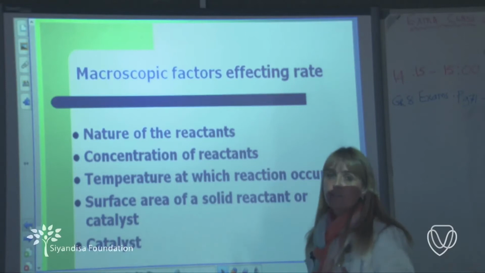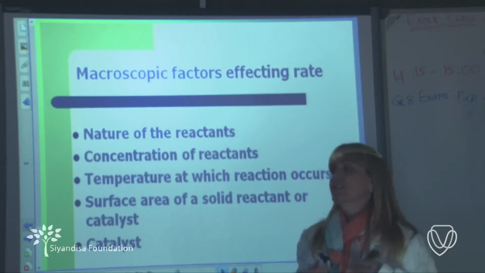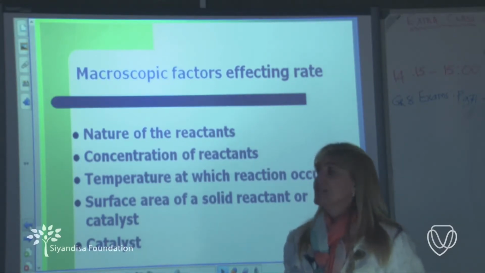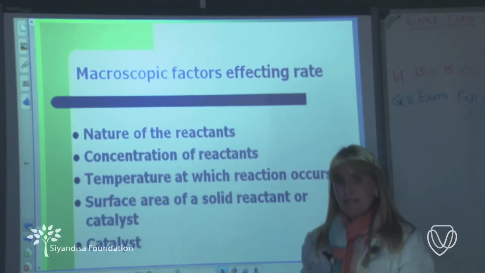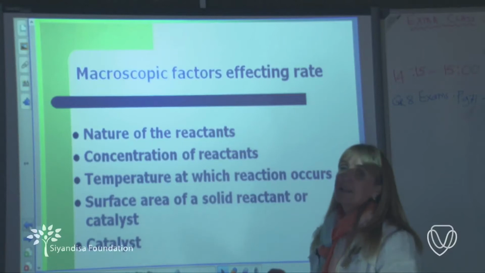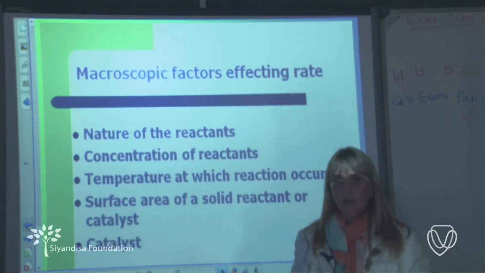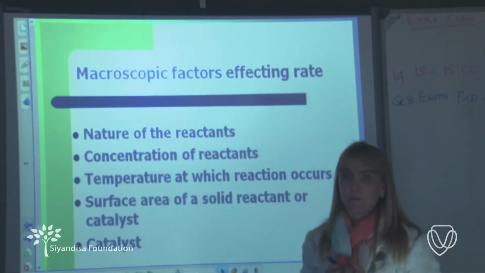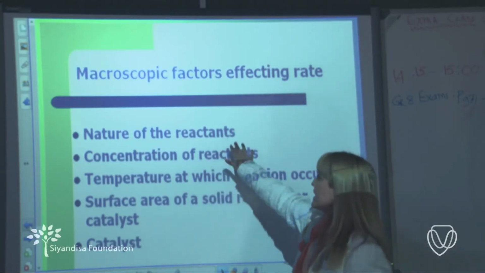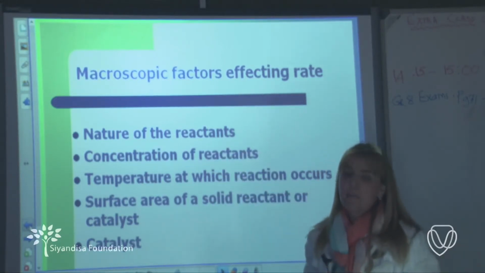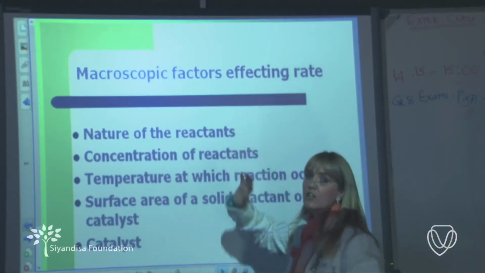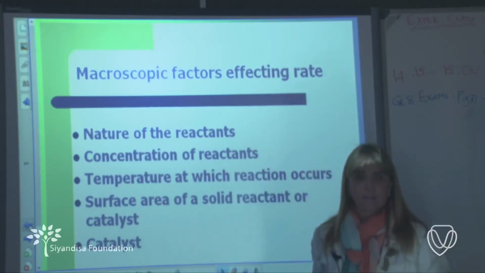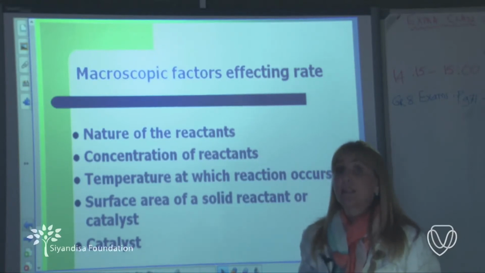If, however, you have got an organic molecule that consists of numerous bonds, some of which are double bonds, some of which are triple bonds, it is a much more complex molecule, which means that it is not going to react as easily because there are more bonds that need to be broken. So nature of reactant refers to the type of reactant that you are dealing with. And we are very seldom going to look at the nature of the reactant because it's not something that we can manipulate during a chemical reaction.